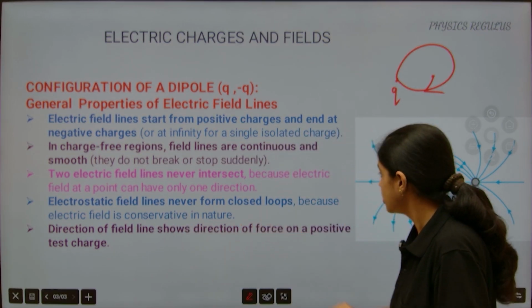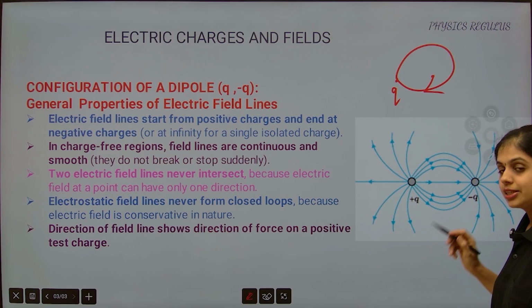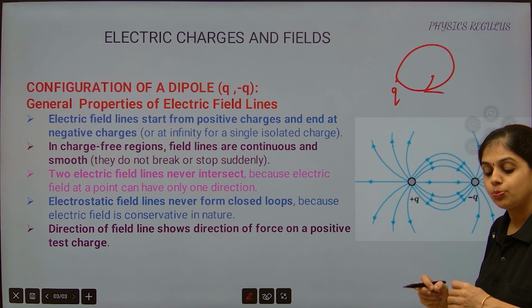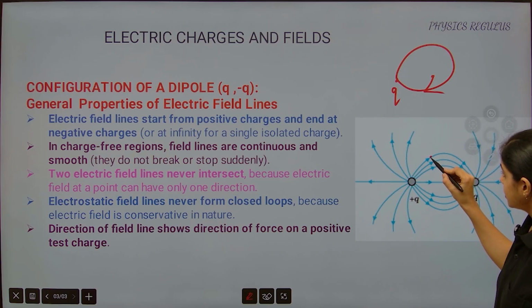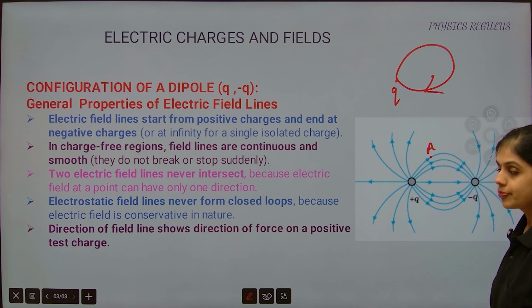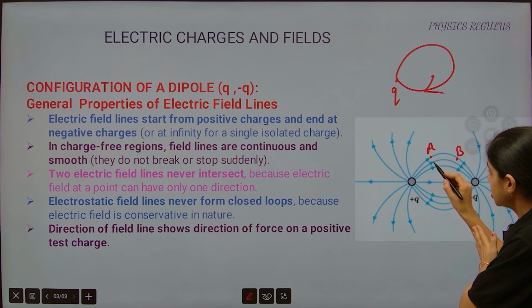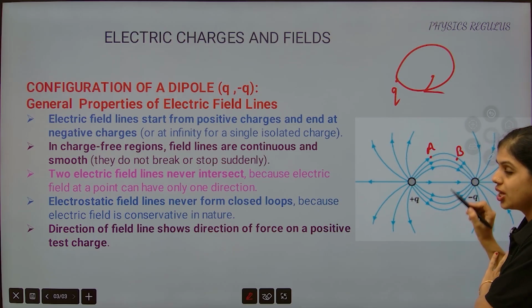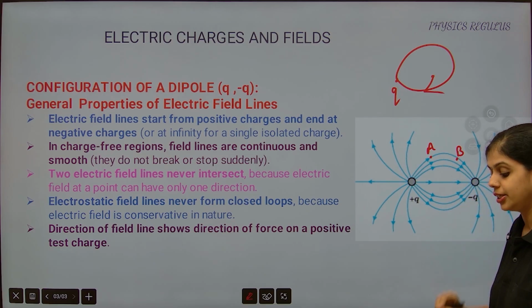What is the meaning of this? Here, field lines show the direction in which a unit positive test charge moves. If you place a test charge at point A, then bring the test charge to point B, the work done on the test charge depends on initial and final positions, not on the path taken by the test charge.